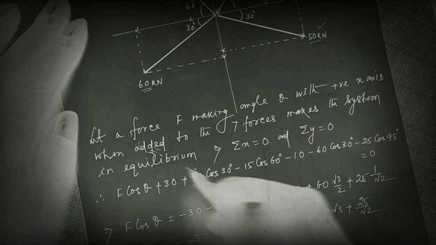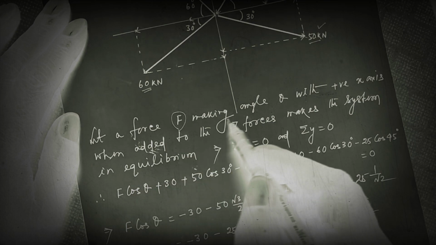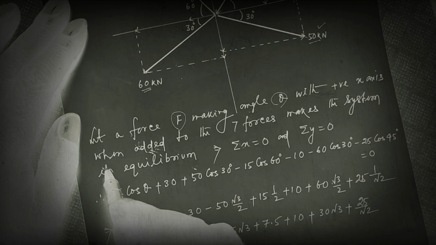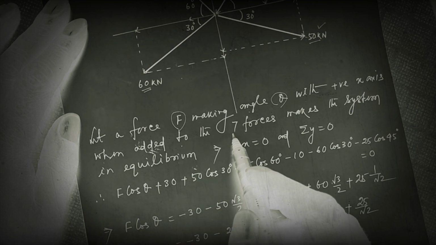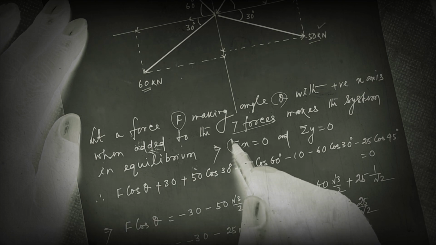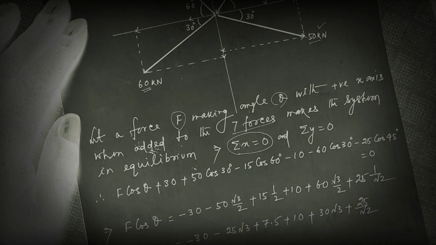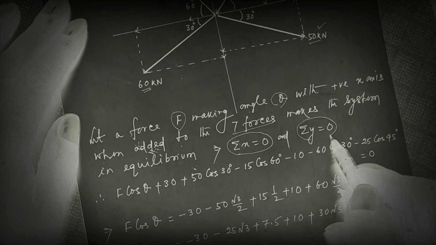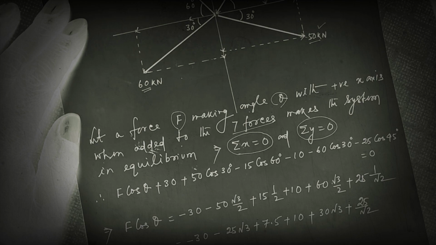Now let a force F making angle theta with the positive x-axis, which when added to the 7 forces makes the system in equilibrium. That is, the sum of the forces along the x-axis is 0 and the sum of the forces along the y-axis is 0.